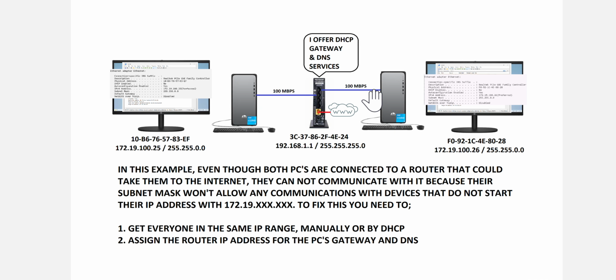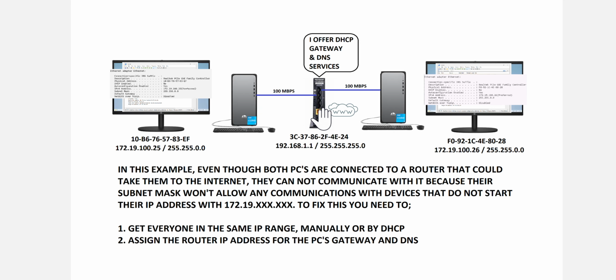But the easiest way for any of this is to just use DHCP and let the router do it for you automatically. But there are various reasons why you have to use static IP addresses, especially in the telecom world. So it's important for you to understand that you can do this either automatically or manually. Either way, it works.